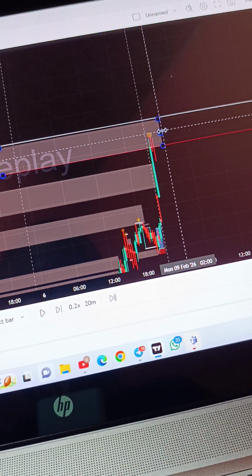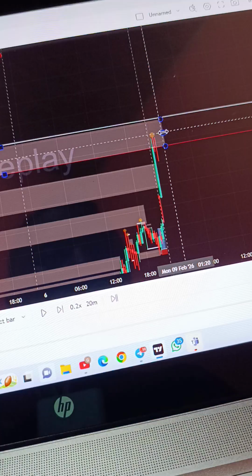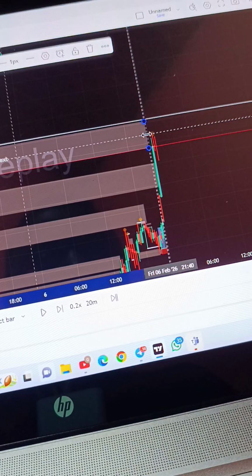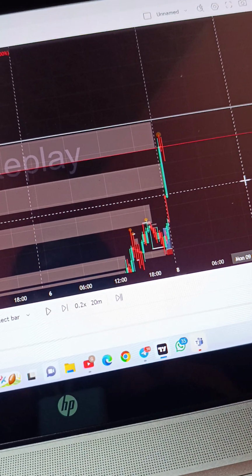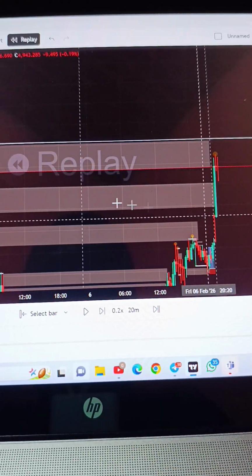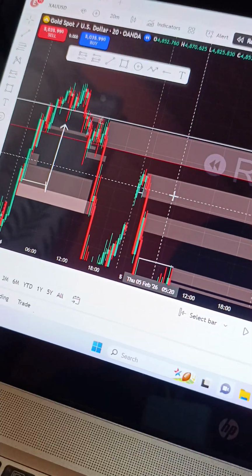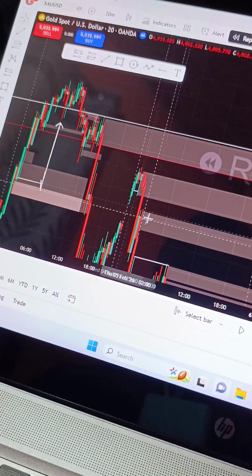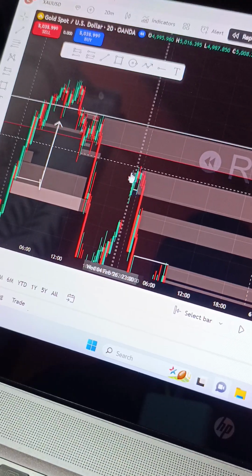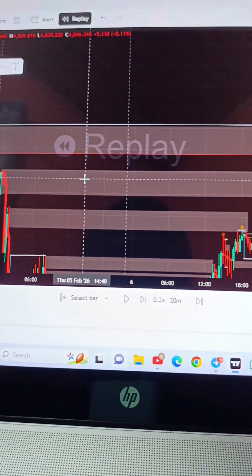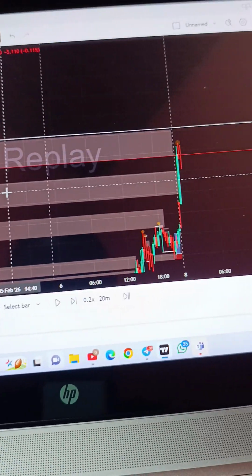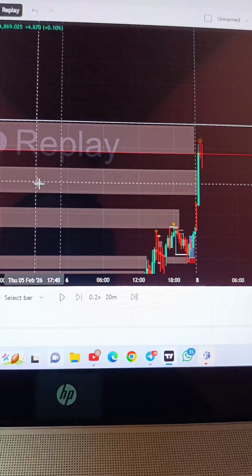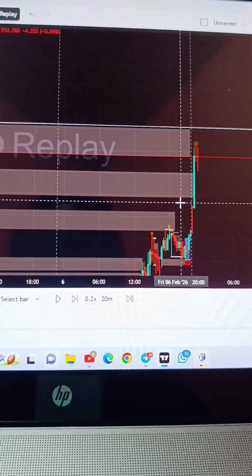We are watching to see if price is going to give a significant reaction off the zone, and then we know that there was a zone also before. There was a zone also that was breached, that was not mitigated at all. So in some ways you can see there's been a liquidity grab.